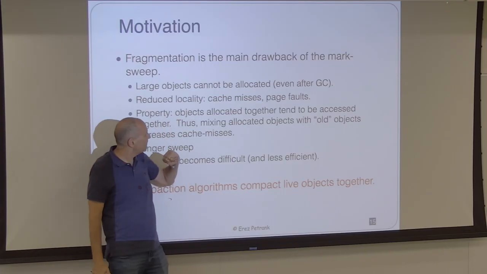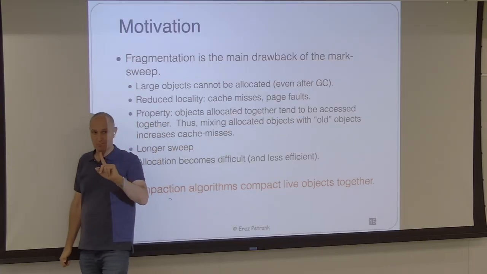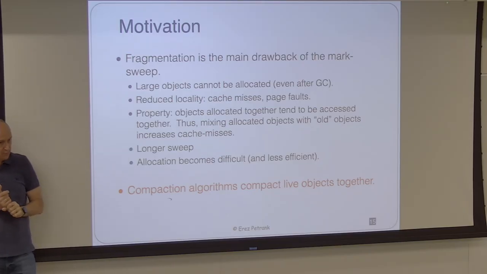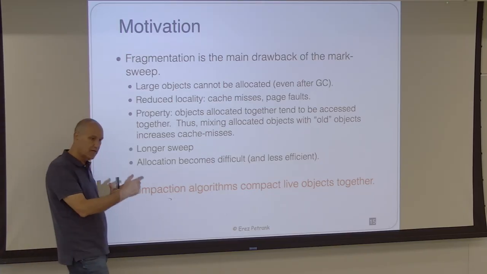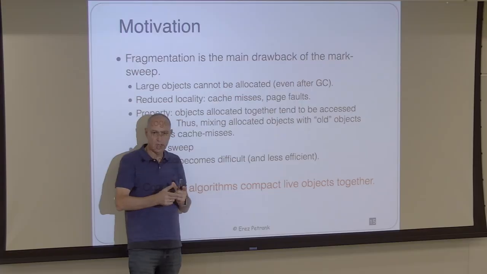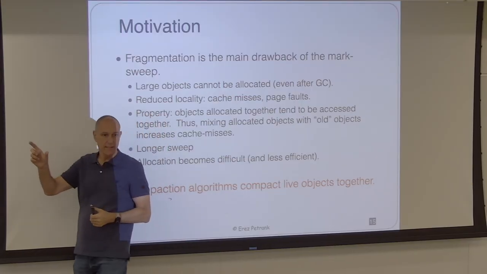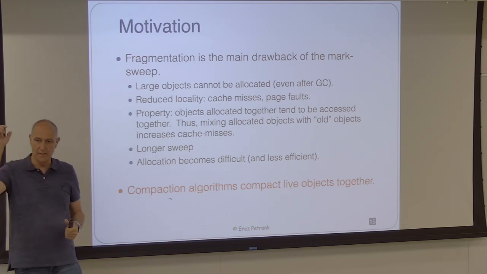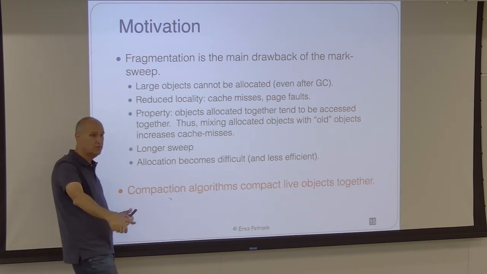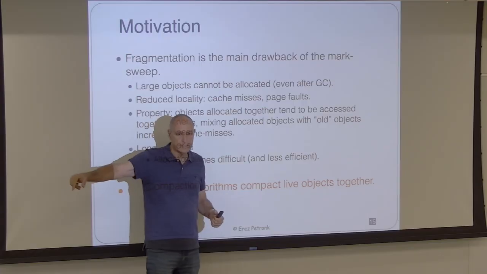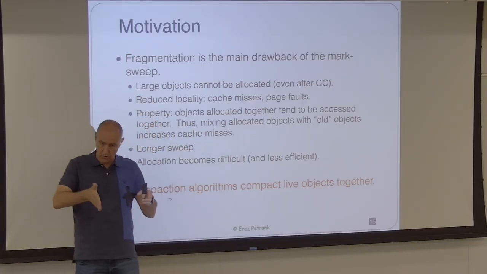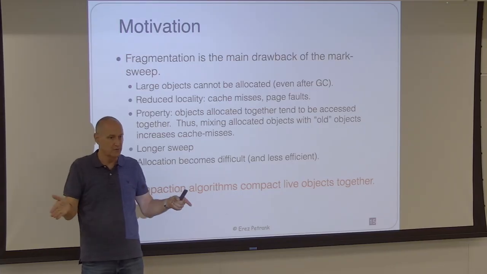Locality is, as I said, important. I will say it again and again. What happens in real programs, as we see, is that you allocate stuff that relates to each other. So there's a new student coming to the Technion. I allocate his personal details, his transcript so far, everything related to him. And whenever I come to look at this student, I'm going to look at more than one piece of this information.